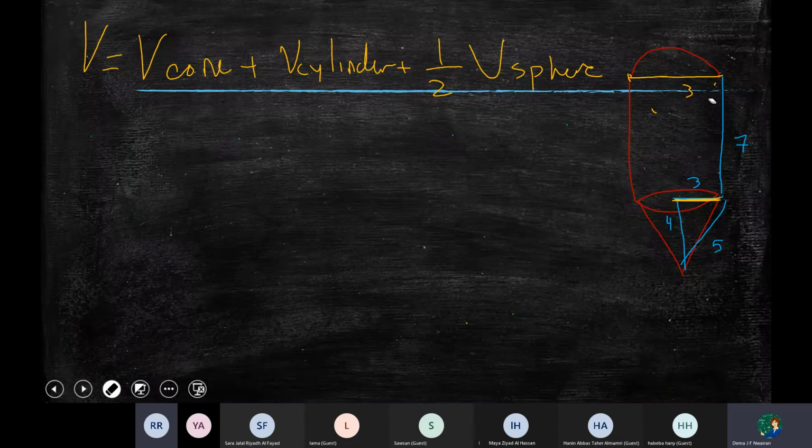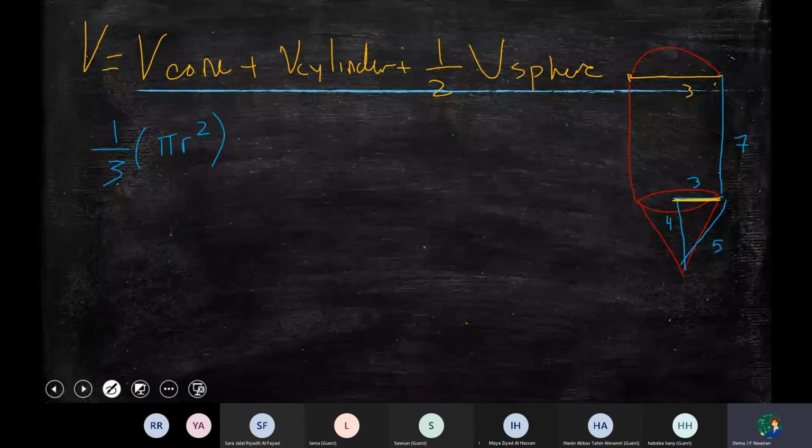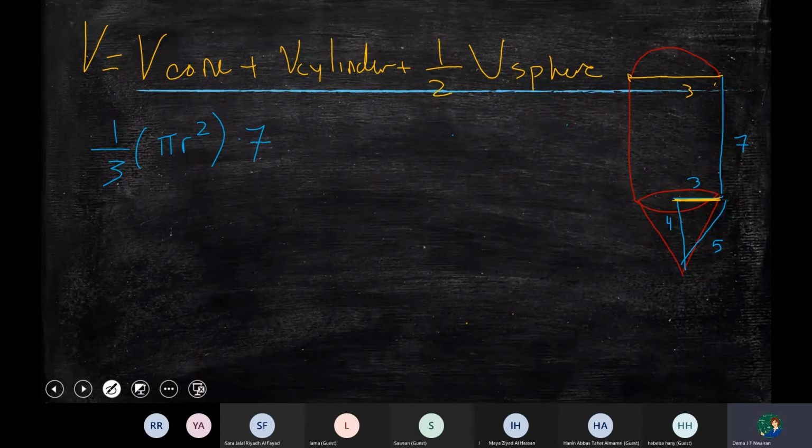We only have half of it. Now what is the volume of the cone? Just a third, the area of the base times the height. What is the area of the base here? It is pi r squared. Look at this base, it is a circle. So it is pi r squared times the height, sorry, times just 4.